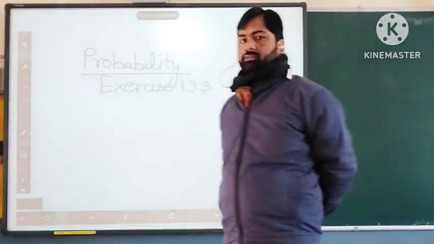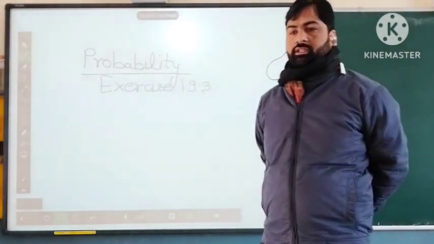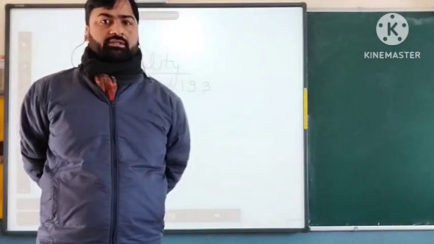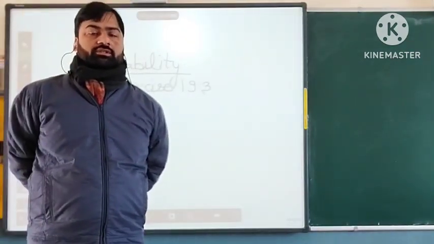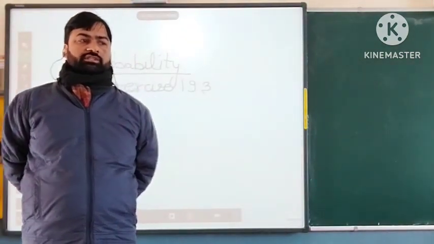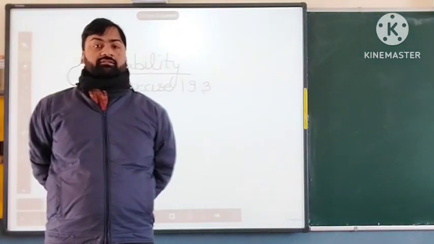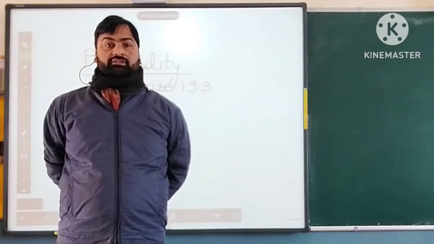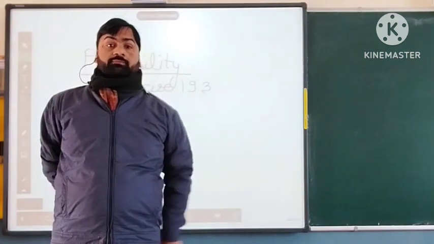Last class, I had told you regarding the probability theory part. I had told you what chance is, how chance comes up, and in which cases we can apply the concept of chance. In which cases can we say there is no chance?